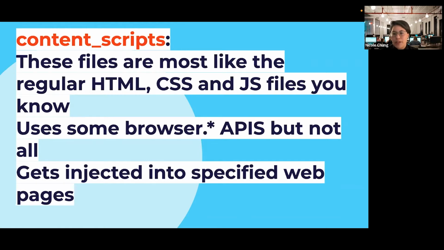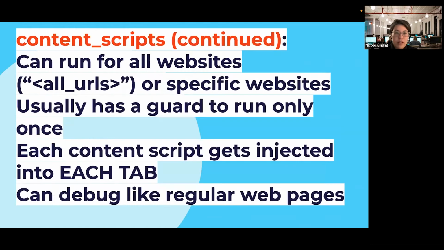Content scripts get injected into specified web pages. As you can see before, I wrote all URLs, that sticks it in everything. You might not want that. And also, sometimes websites have stuff turned on, so your extension won't work in their website. So that's just something to be aware of.